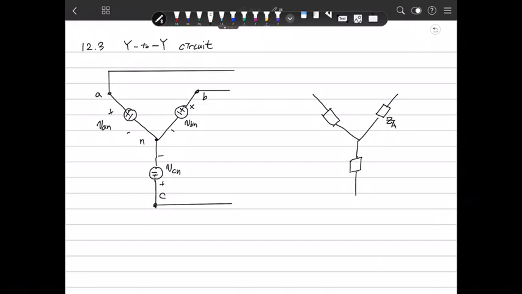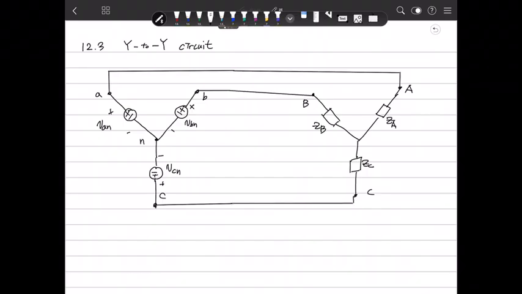These are GA, GB, and GC, and this terminal is capital A, capital B, and capital C. Then capital A is connected with small a in this manner, B is connected to B, and C is connected in this manner. And we define this point as capital N.